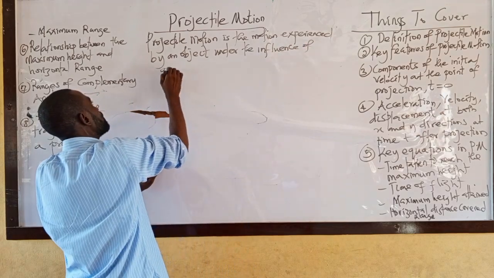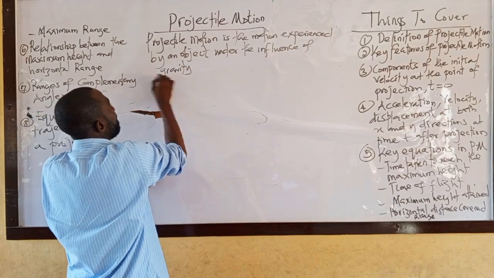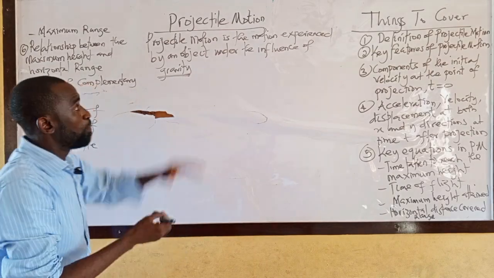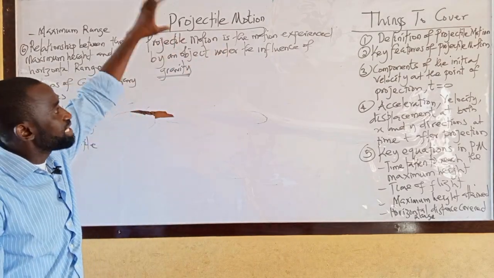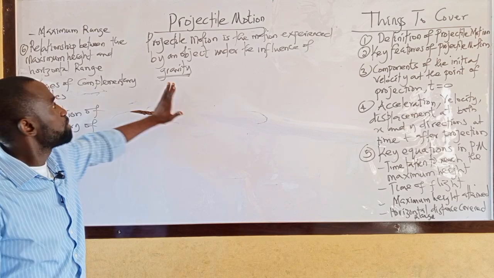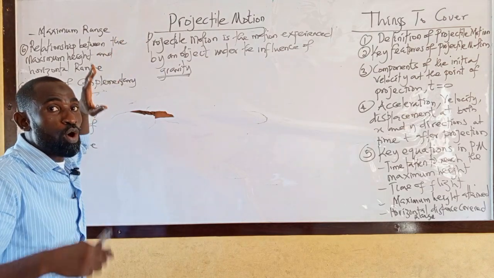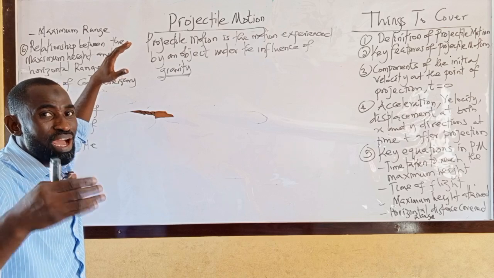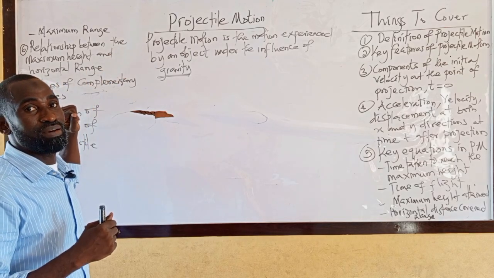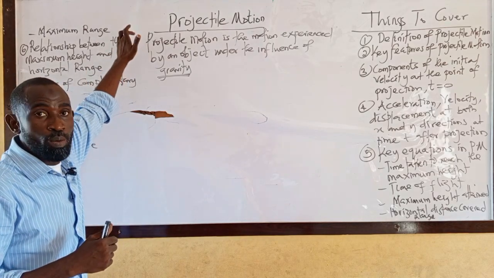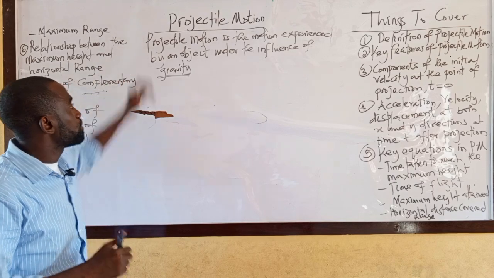So underline the word gravity. The motion of the body under the influence of gravity is what we call projectile motion. So we can as well call projectile motion, motion under gravity. That's another name for projectile motion.